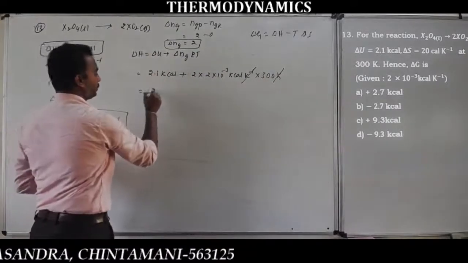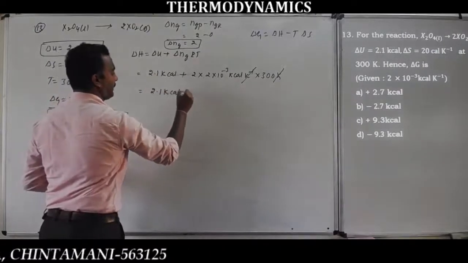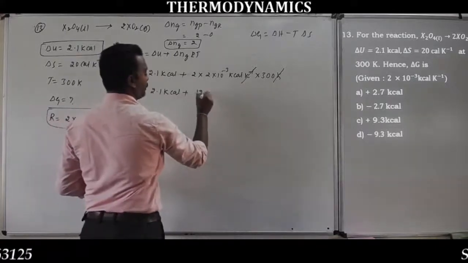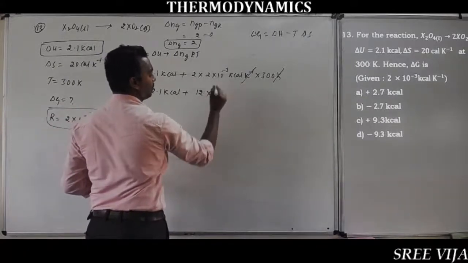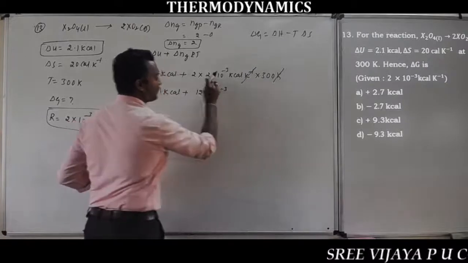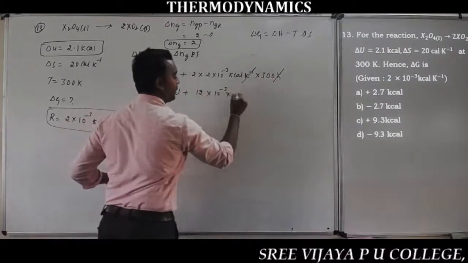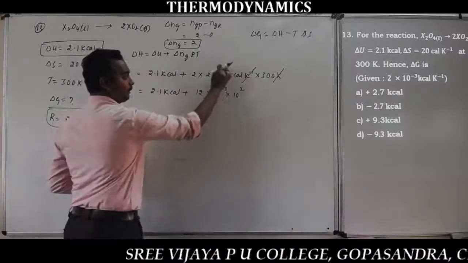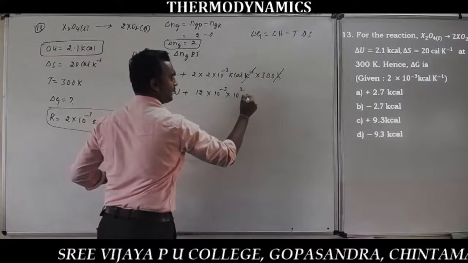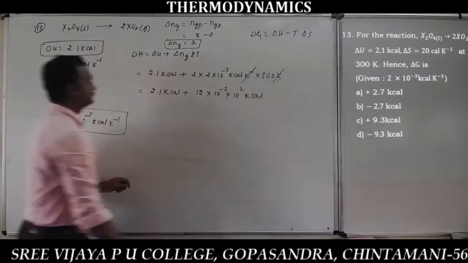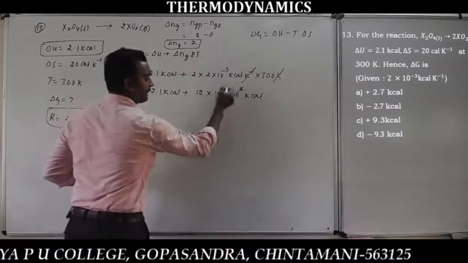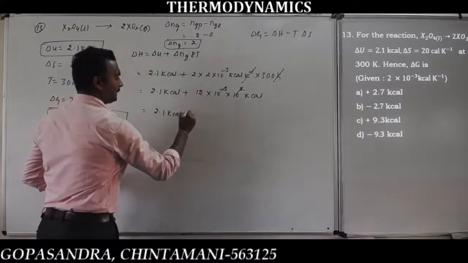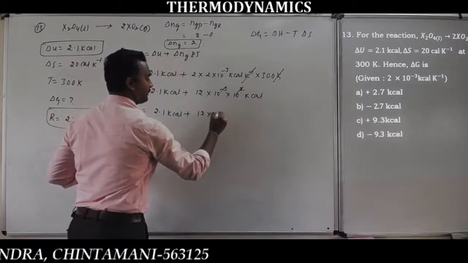So what remains is 2.1 kilocalorie plus, 2 2s are 4, 4 3s are 12. So 12 into 10 power minus 3, 3 2s are 6, 6 plus... it becomes 10 power 2. What remains is kilocalorie. So 10 power 2 and 10 power minus 3 give 12 into 10 power minus 1.